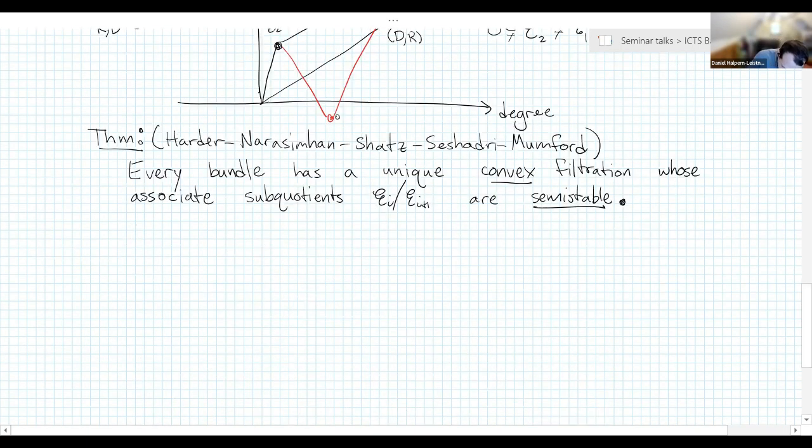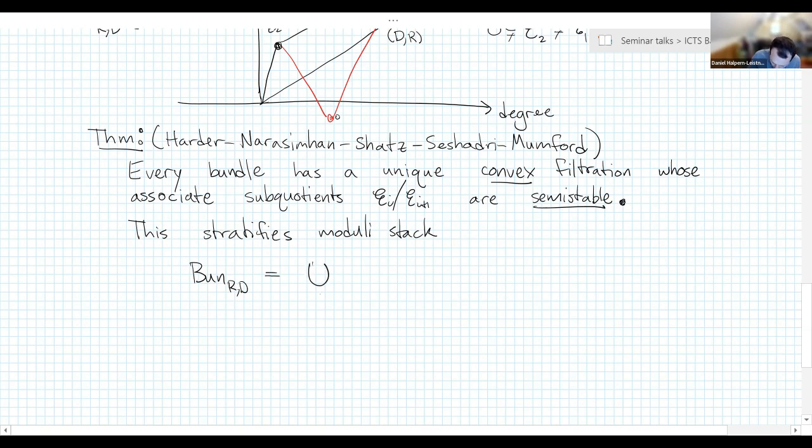This stratifies the moduli problem Bun_{r,d}, so it's like a union over some indexing set of strata S_alpha.